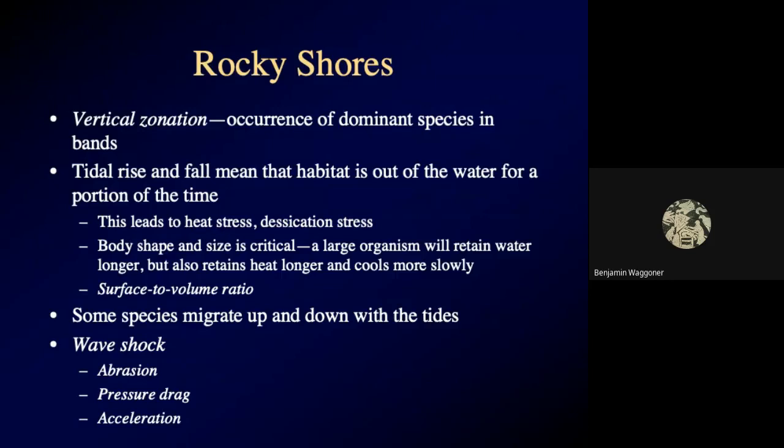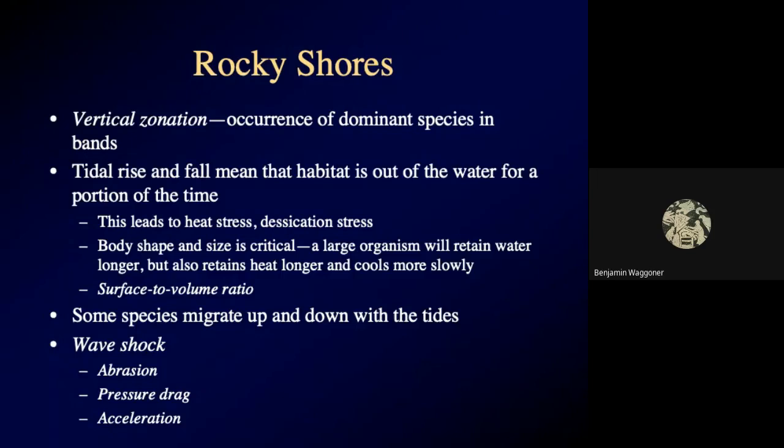And what you'll find is that the surface area of something is a function of the square of its length. The volume is a function of the cube of its length, which means that if you have a small organism and a large organism, the large organism will have fewer units of surface area for every unit of volume that it's got.